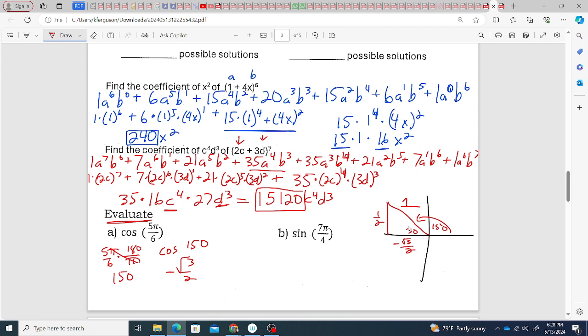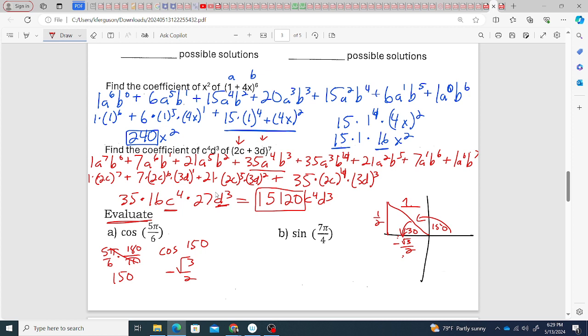We're talking about the reference angle's 30. So we're talking about cosine of 30. So cosine is the negative square root of 3 over 2 divided by 1. Negative square root of 3 over 2. See, remember over here, this is the negative side, right? And so that's why I'm saying cosine of 30 is my reference angle, and that's adjacent over hypotenuse.